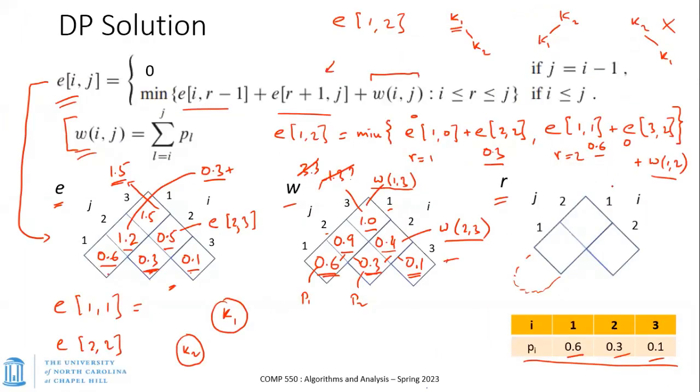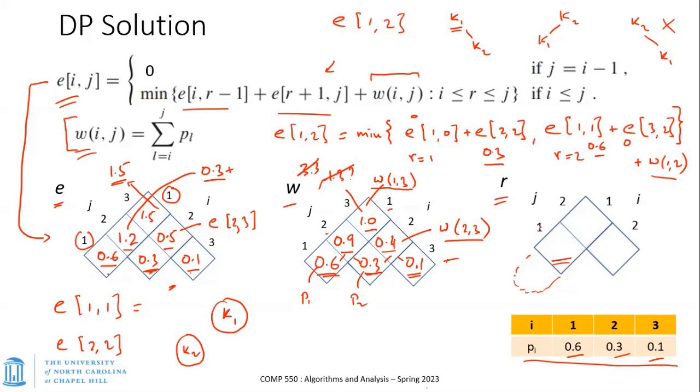And what about the R matrix? We need to keep track of which was the optimal solution, right? So which solution did we pick over here for the 1, 1 case? Sorry, I think I've made a mistake over here.